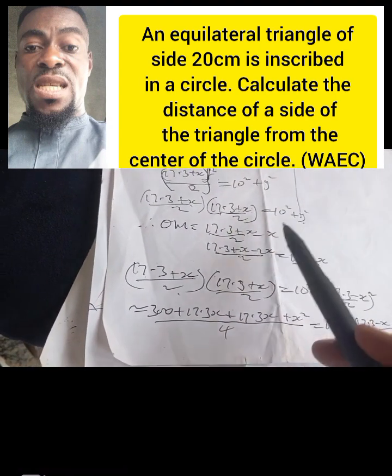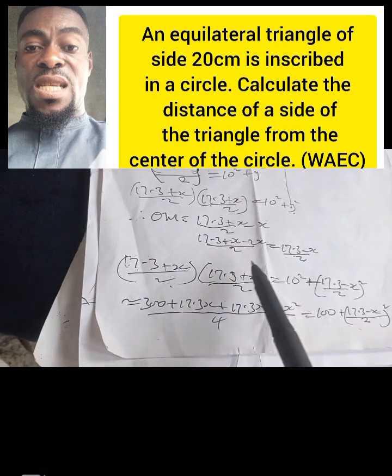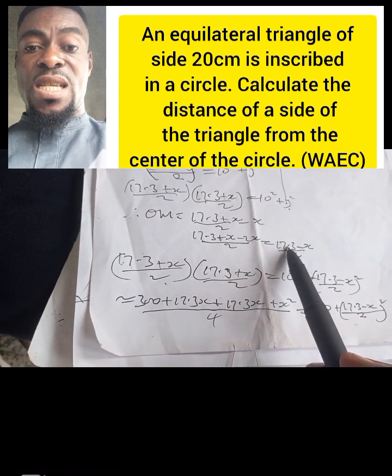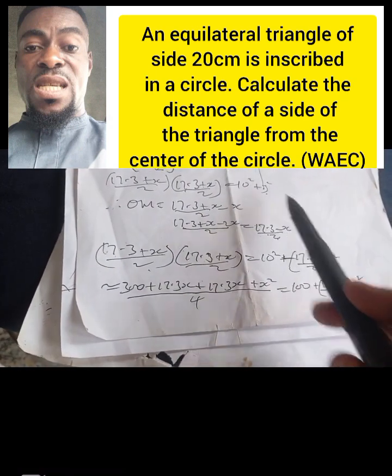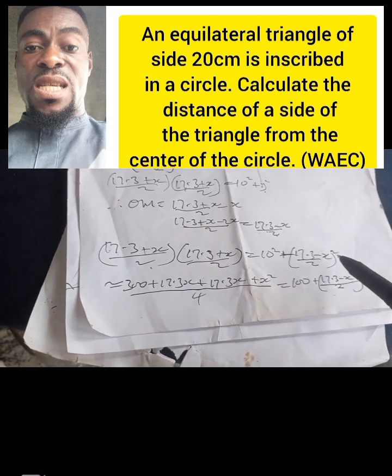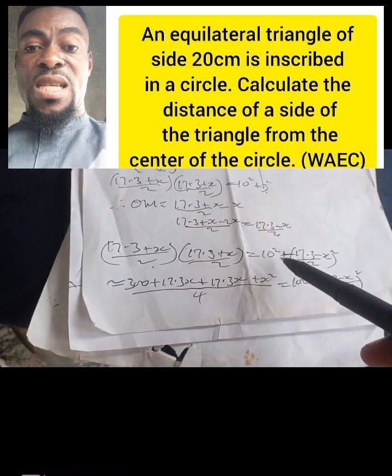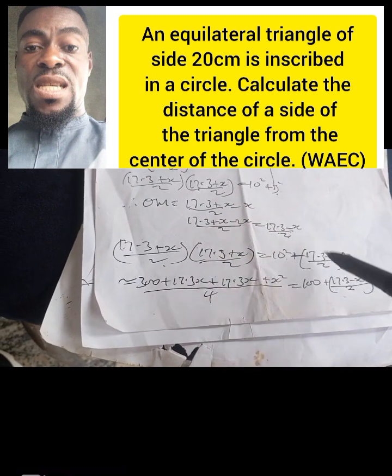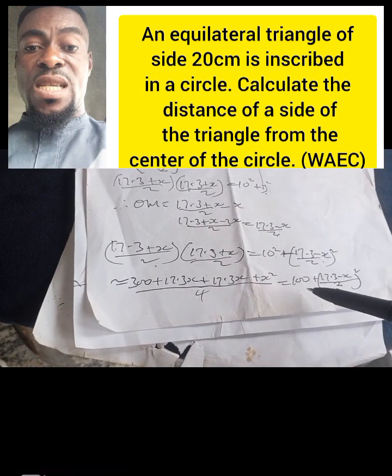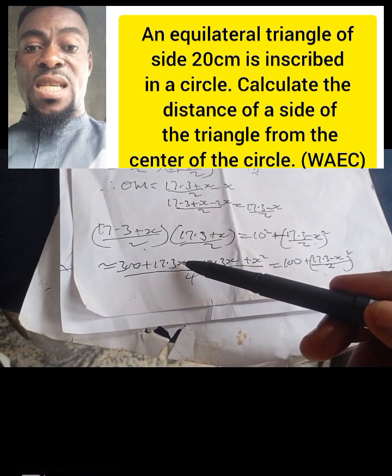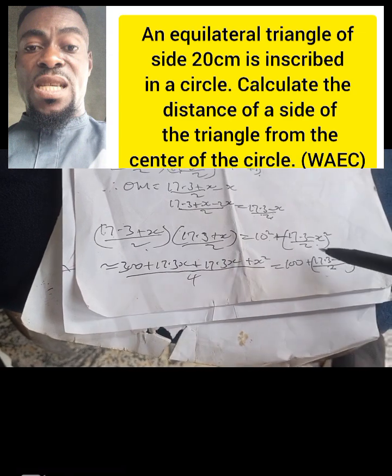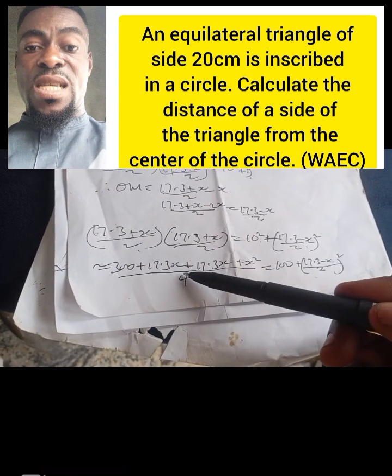So we have expressed this, and we have gotten y to be 17.3 minus x over 2. Since y is squared, we squared it here. This 10 squared is this one. Here is y, which is this. So expressing the left hand side like the way we expressed the right hand side.